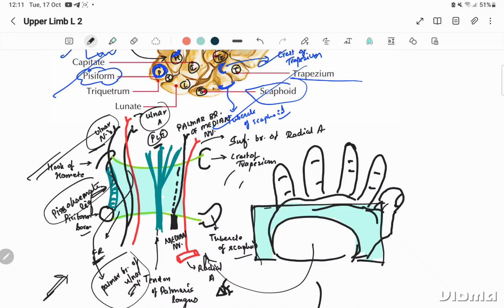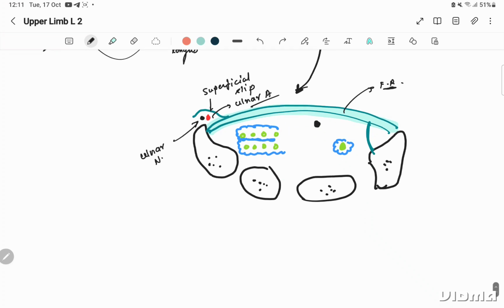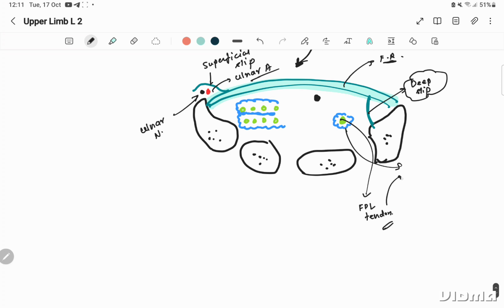Just below the superficial slip of the flexor retinaculum we have the deep slip. Here we have the FPL tendon, the flexor pollicis longus tendon, and the bursa around the flexor pollicis longus tendon is called the radial bursa.